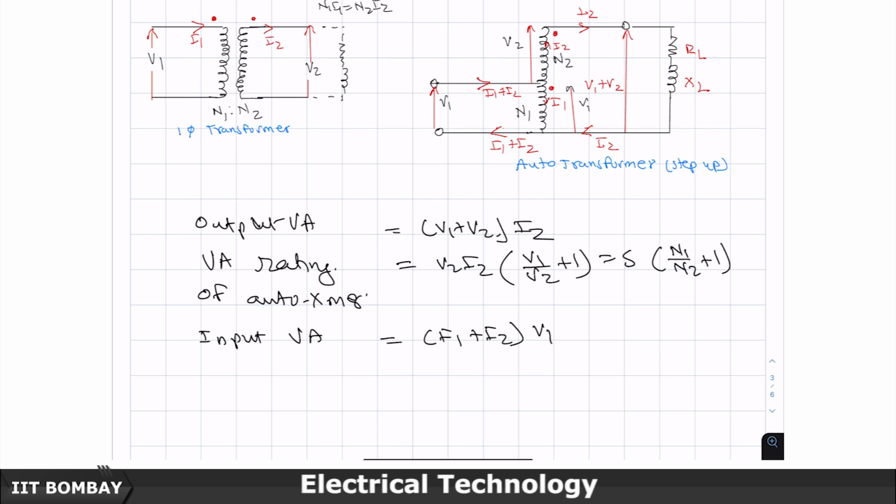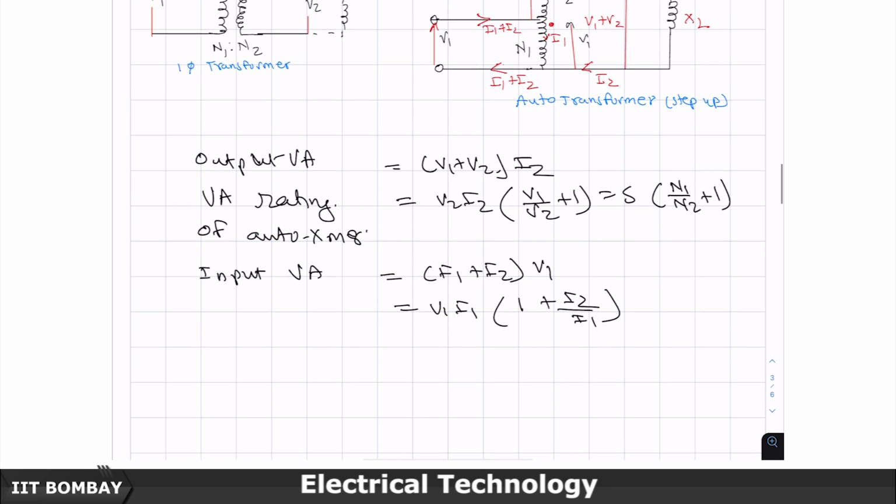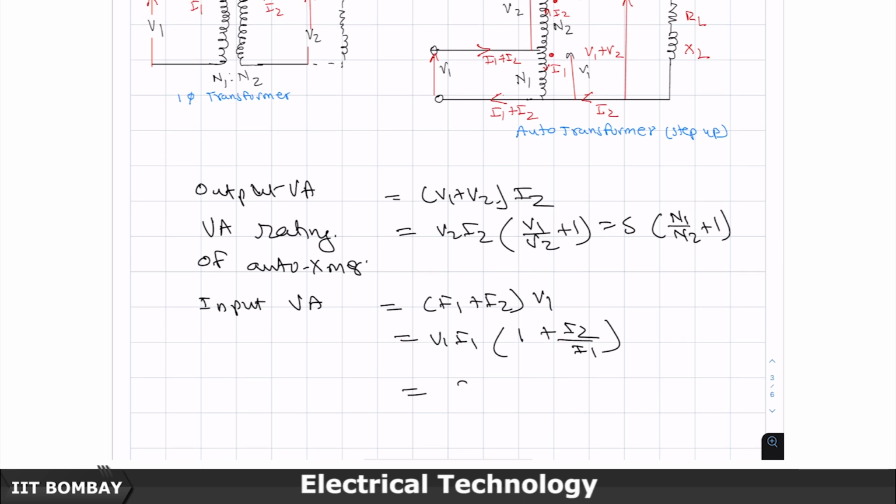This can again be written as V1 I1 into (1 plus I2 by I1), but V1 I1 is the rated output of the single phase transformer. I2 by I1 is the same as N1 by N2, and so we again see that the rating of the transformer has increased by the same factor, 1 plus N1 by N2.